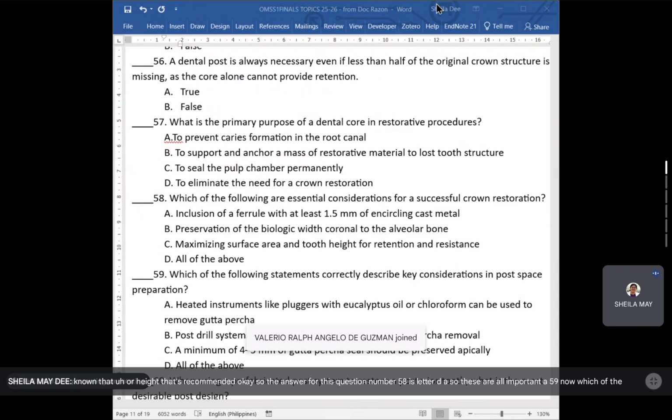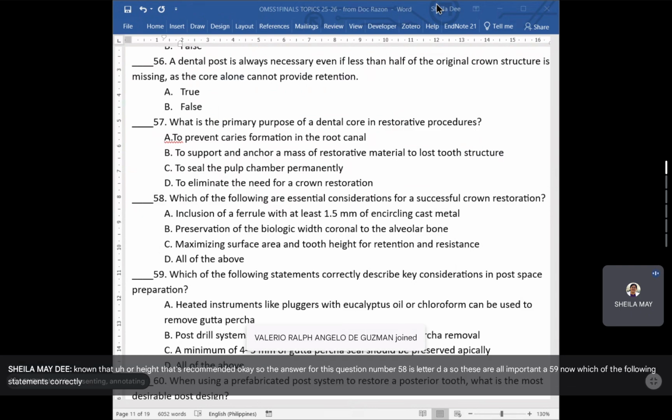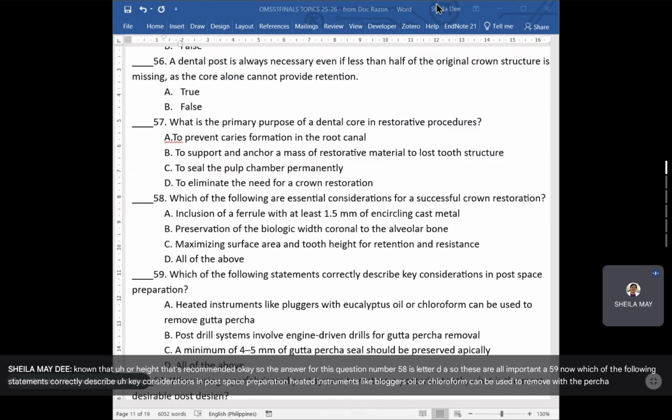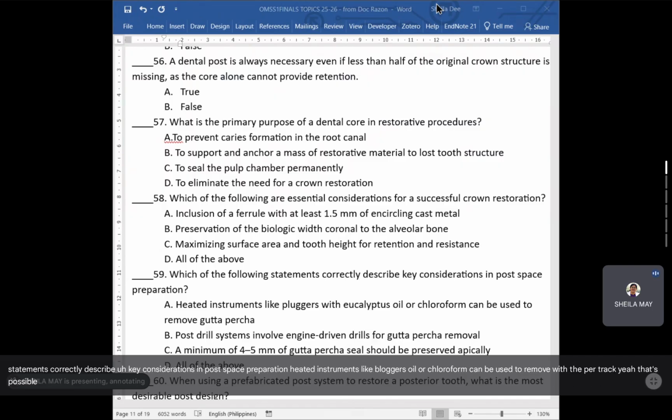Okay. 59. Now, which of the following statements correctly describe key considerations in post space preparation? Letter A, heated instruments like pluggers with eucalyptus oil or chloroform can be used to remove gutta-percha. Yeah, that's possible. Letter B, post drill systems involve engine-driven drills for gutta-percha removal.